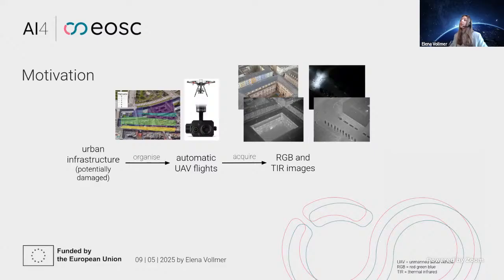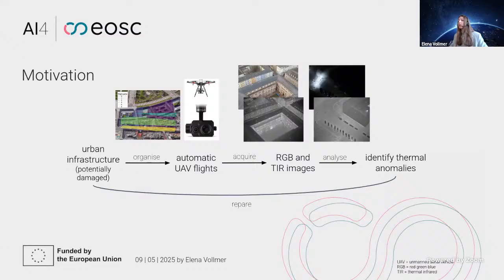So the brighter pixels are the higher temperatures, and the darker ones are the lower temperatures. And if we analyze these, we can identify thermal anomalies, which we can then use to identify areas that require repair. And so this last aspect is really where the focus of AI or AI models can help with this, with automating this analysis.